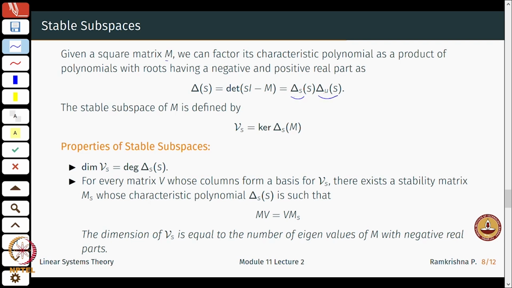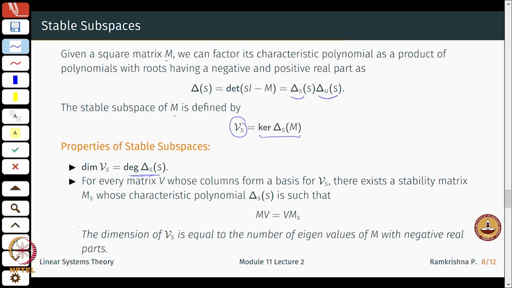I will call them the stable and unstable, or just S and U. Something that is easily observed is that the stable subspace of M is just the kernel of delta_S of M. So, this is also easy. What is easy to check here is that the dimension of this is also the degree of delta_S of s, or the stable subspace.